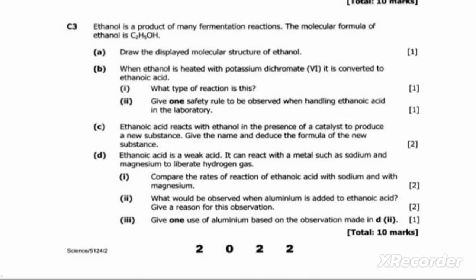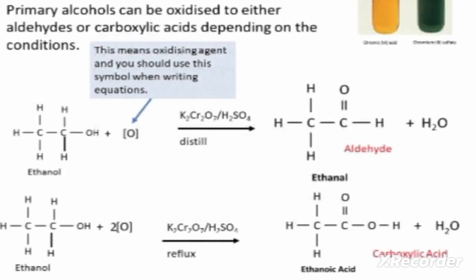So dichromate has a good number of oxygen. The type of reaction in which ethanol is heated with potassium dichromate to produce ethanoic acid is called oxidation. So this reaction is oxidation.